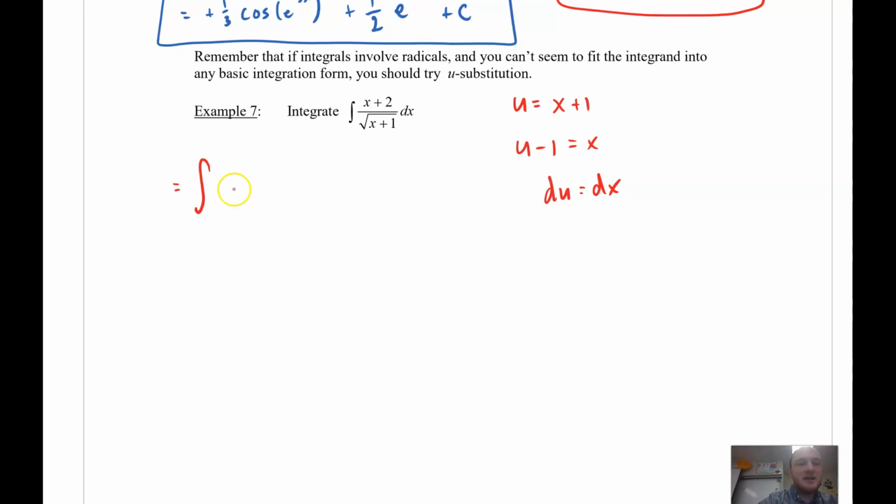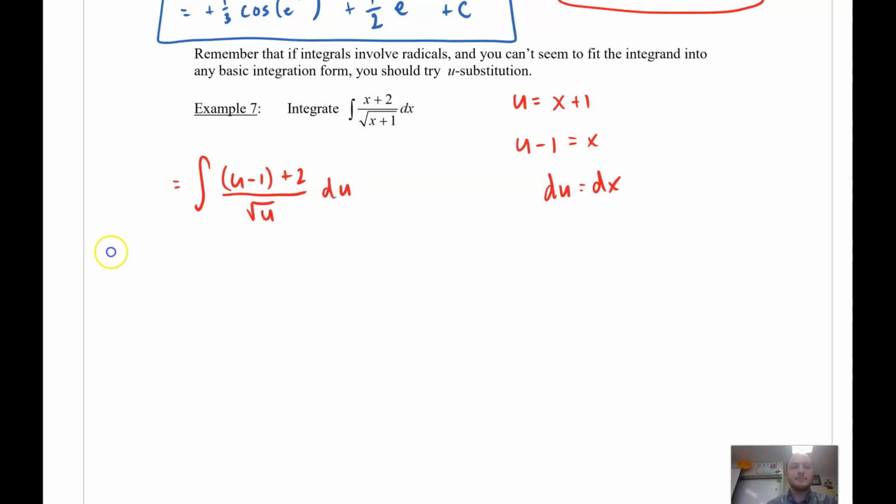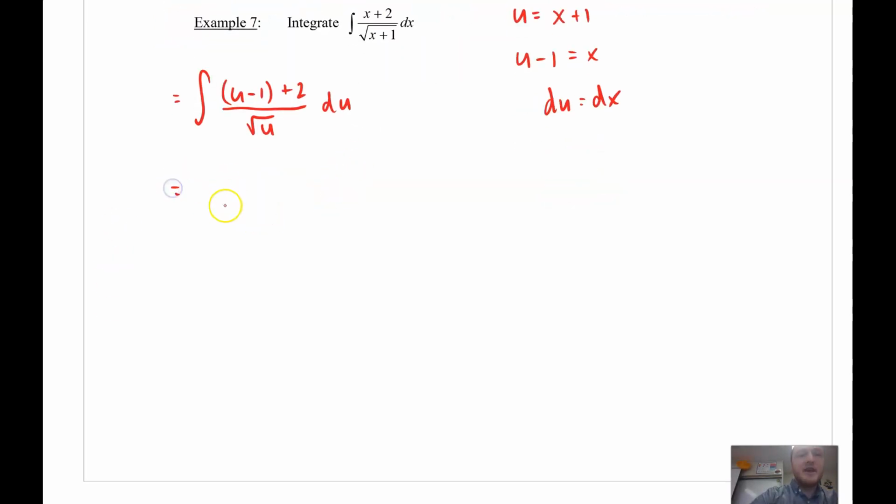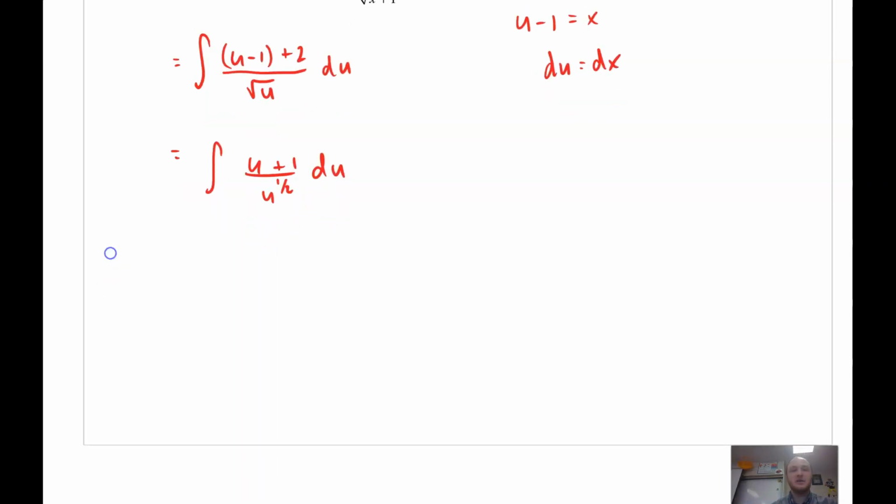So I know x is u minus 1. x plus 1 is u, so I have the square root of u, and dx is du. So then what I have is the integral of u plus 1 over u to the power of 1/2 du. And now I can split this up.